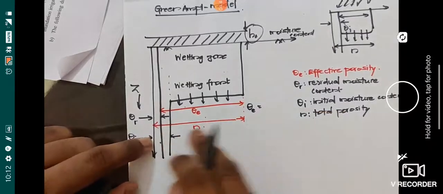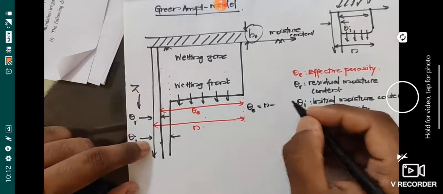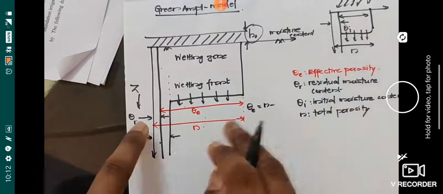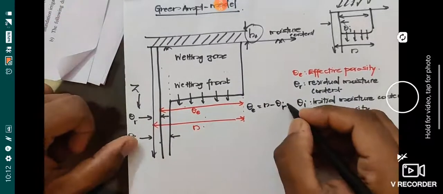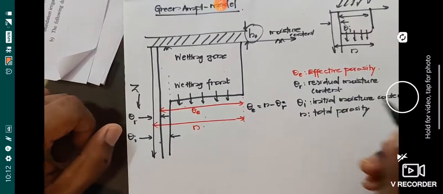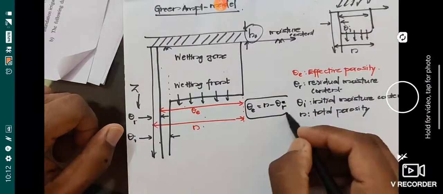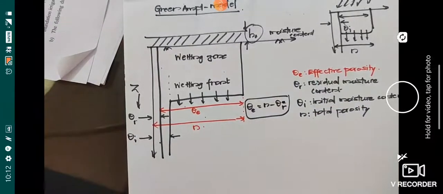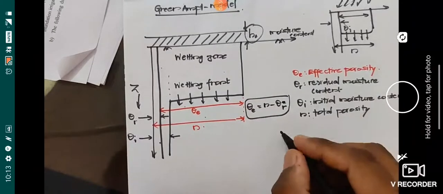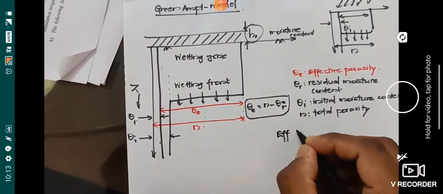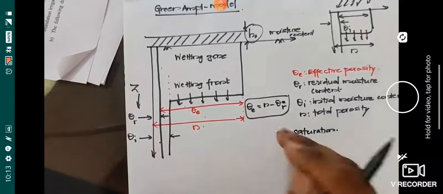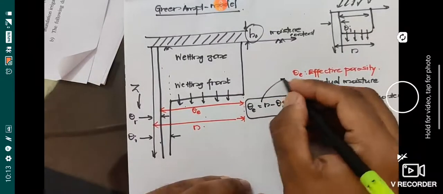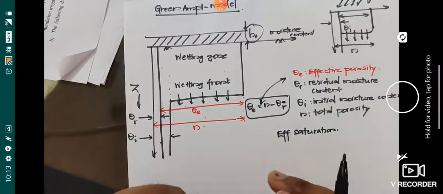The effective porosity is nothing but n minus theta r. I'm sorry, theta r. N minus theta r. That is the effective porosity. Now there is something else called effective saturation. Effective porosity we have already said.